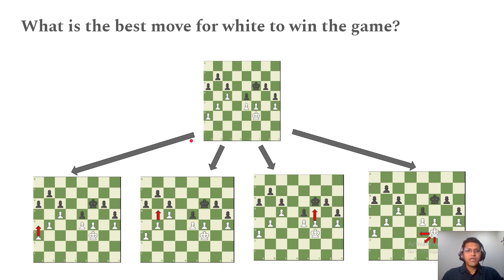If you see the list of possible moves from this board position, you can move the a3 pawn one step forward, or the b4 pawn one step forward, or the f4 pawn one step forward, or you can move the king in either of these directions one step. In total we have 8 possible moves at this current board position, and out of these 8 possible moves, what is the best move for white?